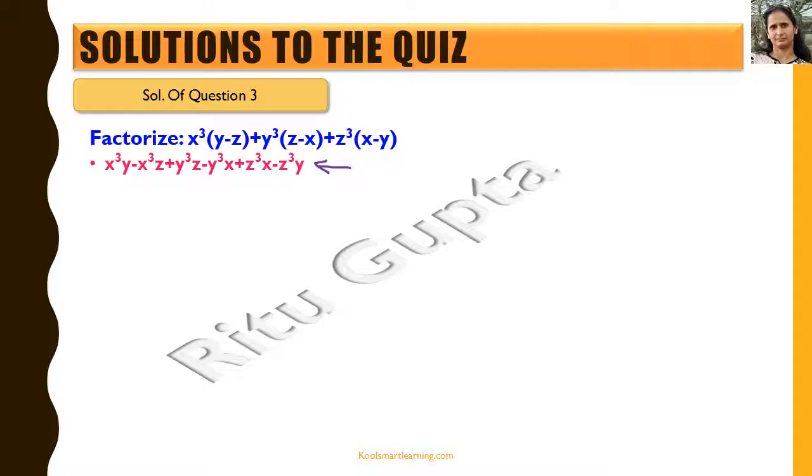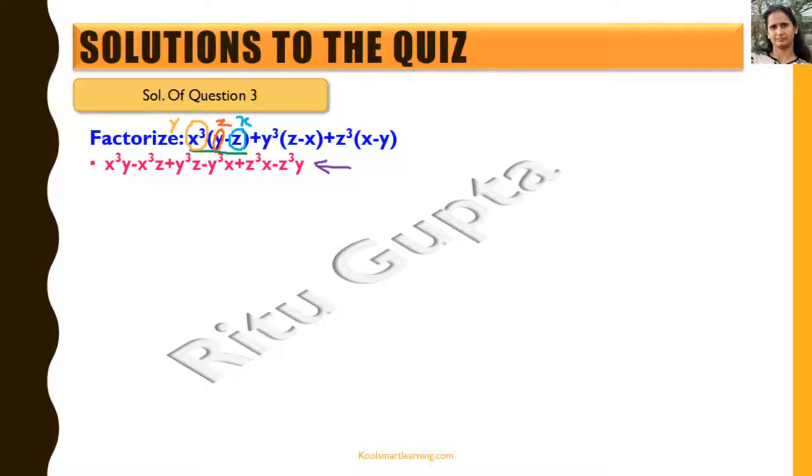So if we see in the first term, which is x cube multiplied by y minus z, if we replace x with y, if we replace y with z, and if we replace z with x, we get the second term. And similarly, we can obtain the third term also. So we can clearly say that the given expression is a cyclic expression.